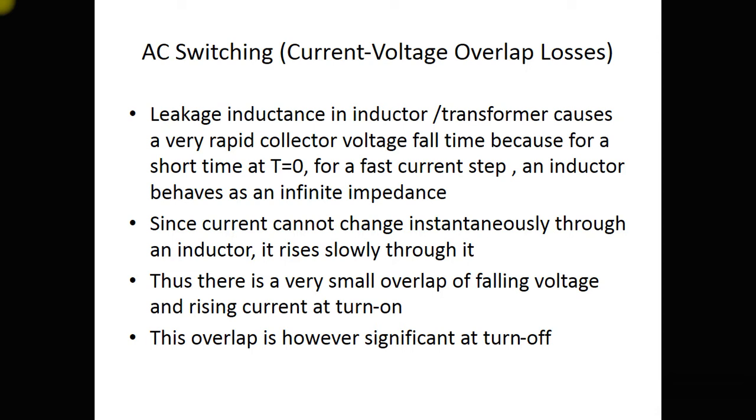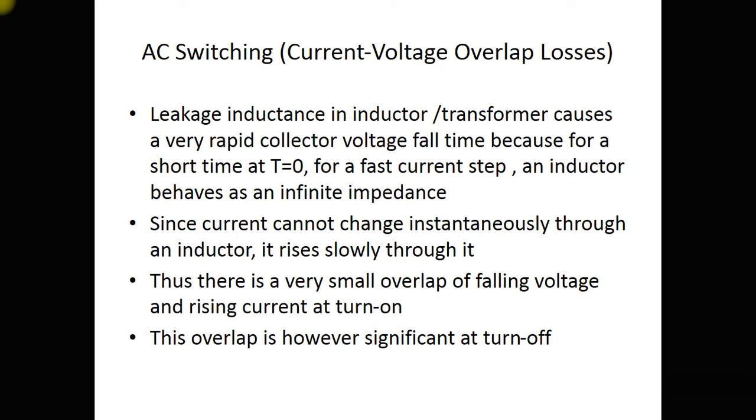At the specific point, the transistor current is not completely removed because of the inductor in the collector circuit, and that is the reason why, while switching off, the transistor still has a significant amount of collector current, and the rise in the voltage across the transistor will also be significant.